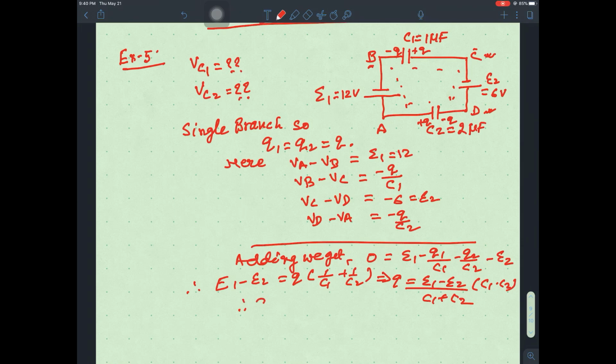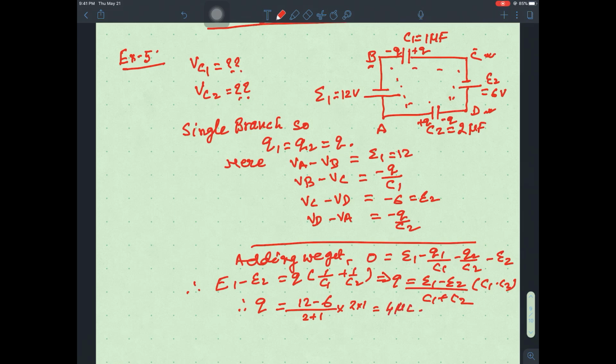Therefore Q is equal to, E1 minus E2 is how much? 12 minus 6, by C1 plus C2 is 2 plus 1, that is 3, into C1 C2, 2 into 1. That is your 4 microcoulomb.